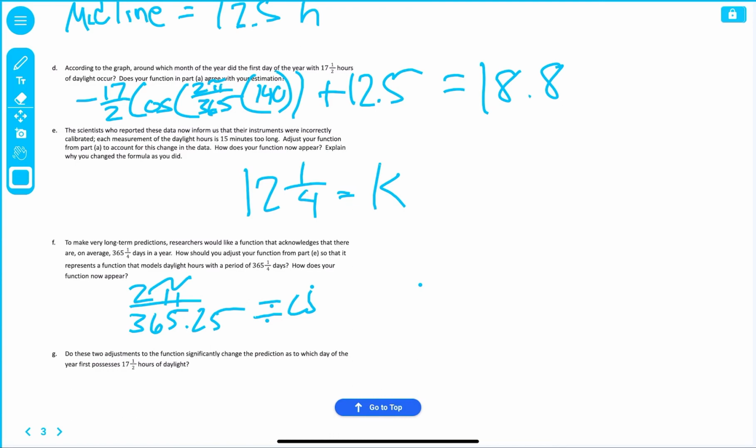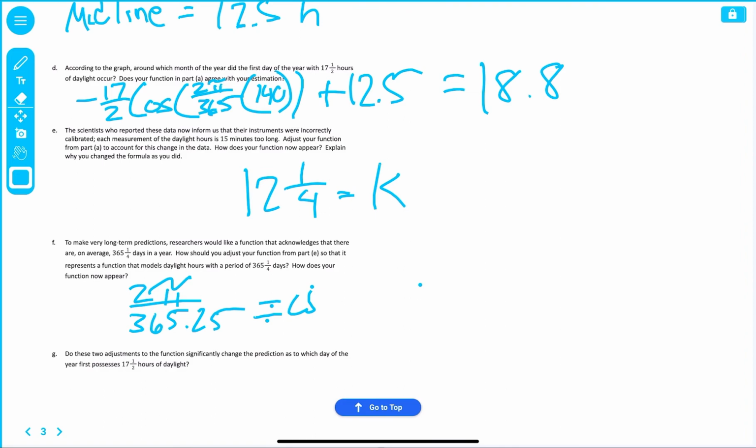G says, do these two adjustments to the function significantly change the prediction as to which day of the year first proposes 17 and a half hours of daylight? Would it change it? Just think about it. Probably not a whole lot.